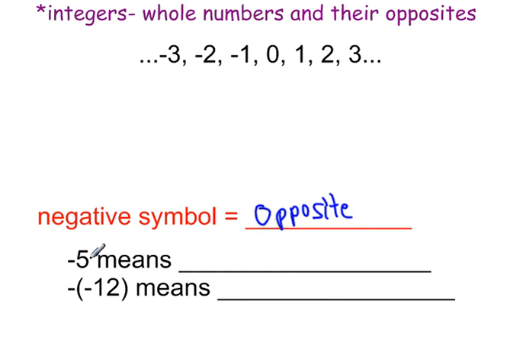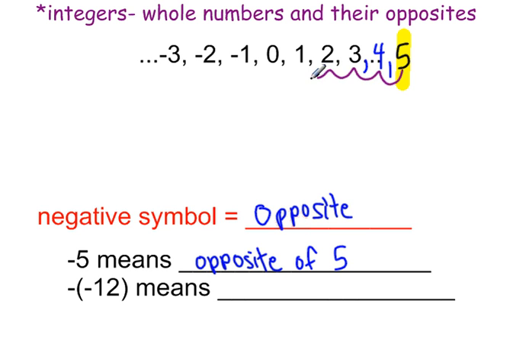So -5 is how we would read this in a math class. It actually means the opposite of 5. So if I were to continue this number line up here, right after 3 would come 4 and then 5, the opposite of 5 would be whatever number is 5 away on the other side. 1, 2, 3, 4, 5.